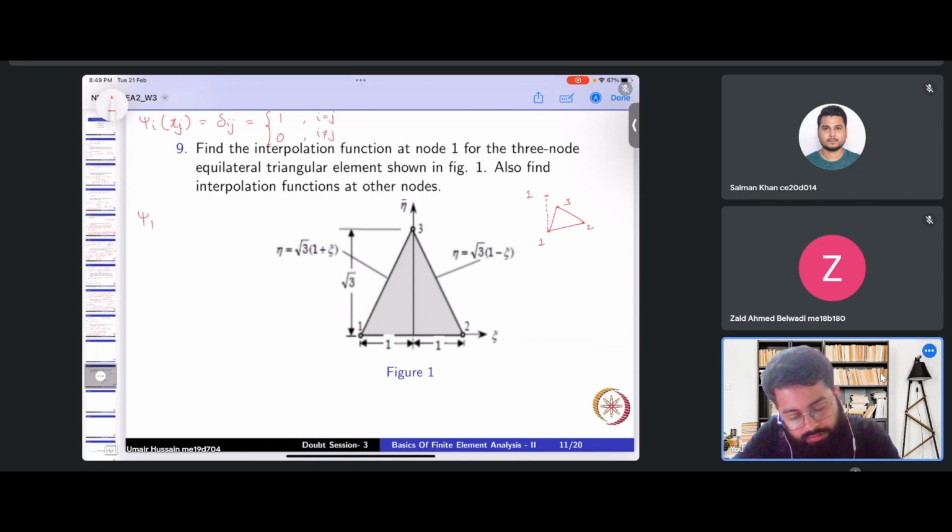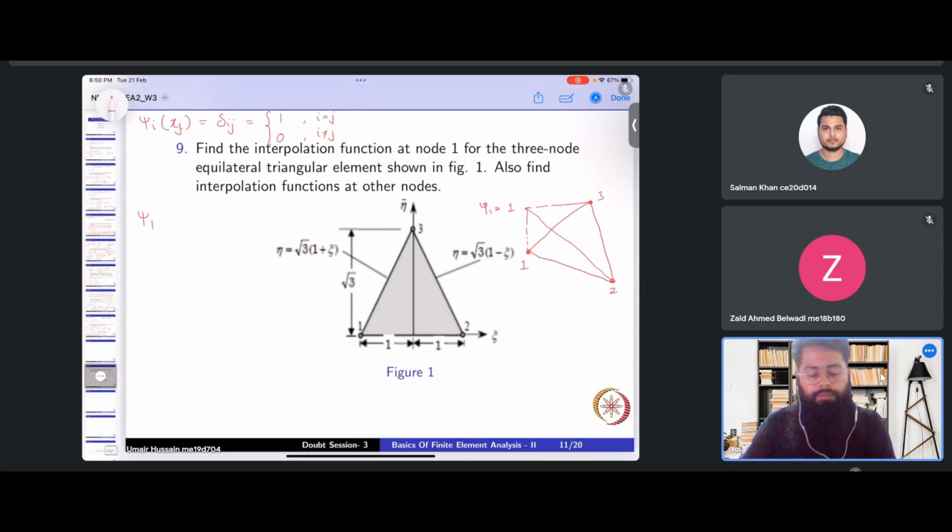Suppose the value is 1. I'll draw bigger, it's not clear. So we have this triangle here. Consider it to be a 3D triangle out of the plane of this screen. Node 1, node 2, and node 3. So here the value of psi 1 is 1. It would gradually go down to 0 here and gradually go down to 0 here.